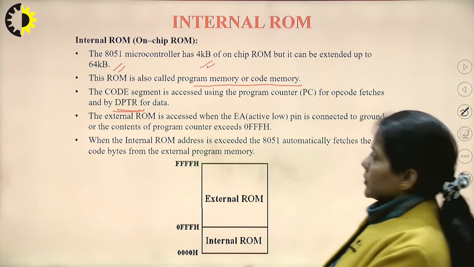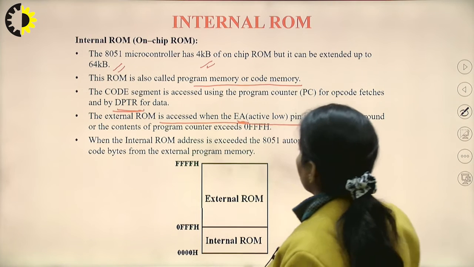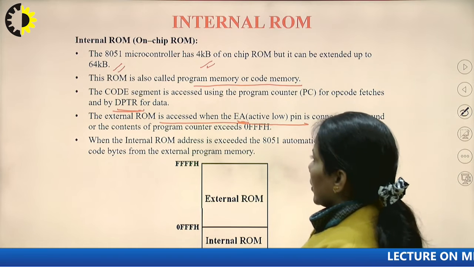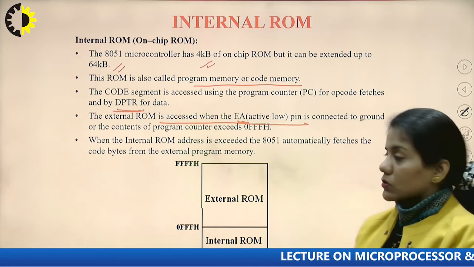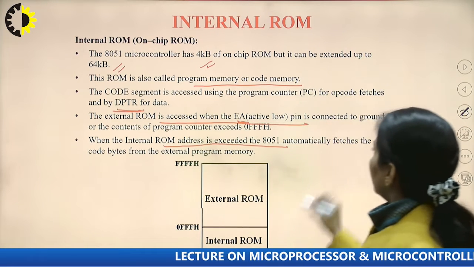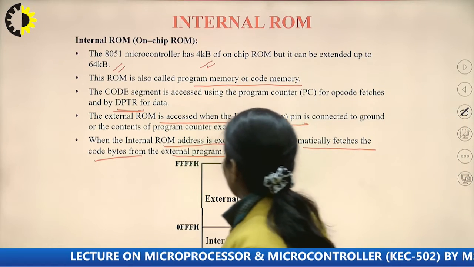The external ROM is accessed when the external access pin is connected to ground, or when the contents of the program counter exceed 0FFFH, that is, the limit is exceeded. When the internal ROM address is exceeded, the 8051 automatically fetches the code bytes from the external program memory.